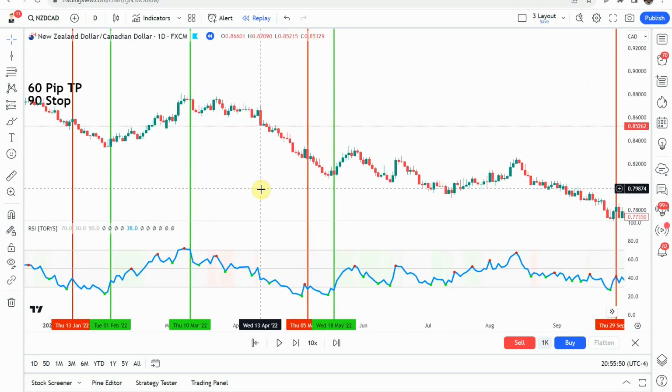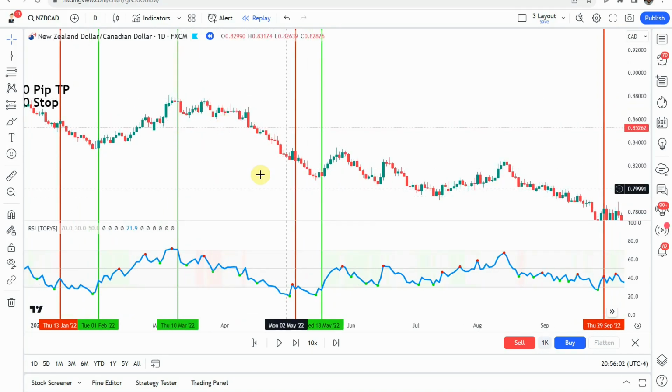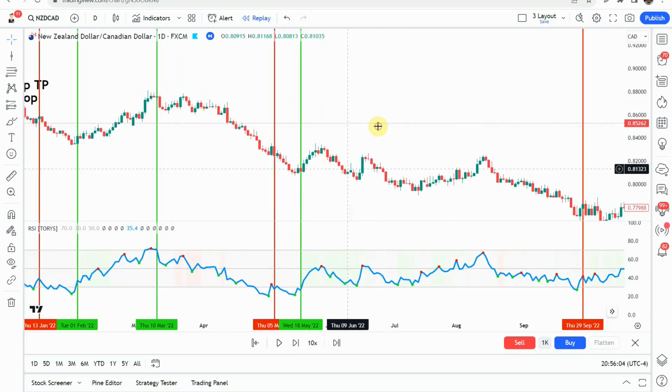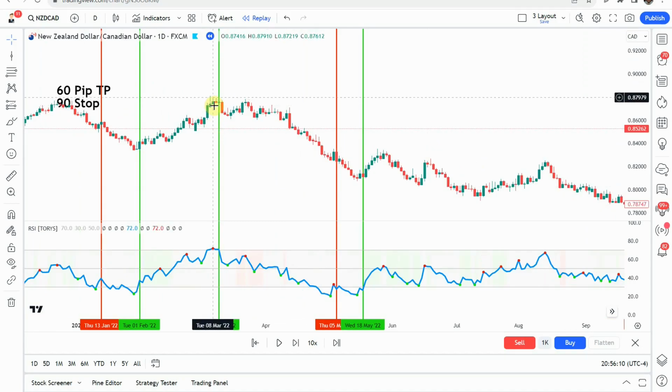And so in some instances it worked out in its favor because it gave time for price to actually start to roll and then make the push one way or another, roll under, roll over, whichever way, whether it was going down or going up. And so like in this particular case, it gave time for price to roll and start to make a push to the upside. In this case, price rolled over and made a push to the downside.